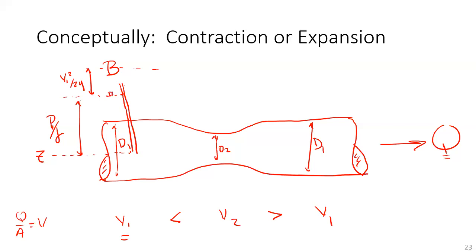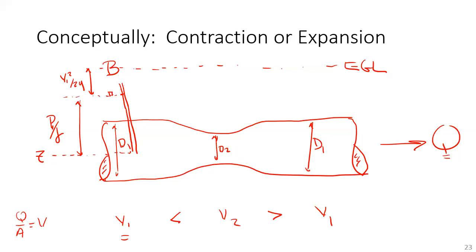A few slides back, we said that B was equal to a constant, right? dB dx of all these terms is 0. So this is the energy grade line. And for our systems right now without mechanical energy, it's a constant. dB dx, or d of V squared over 2G plus P over gamma plus Z, dx is equal to 0.